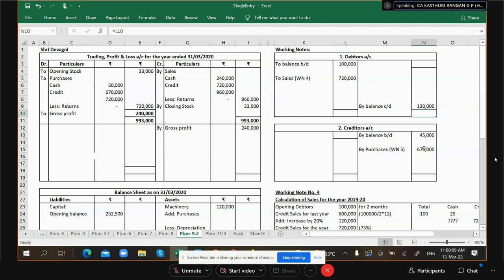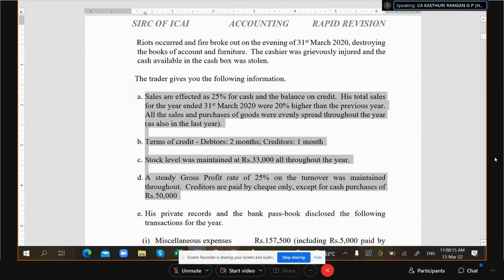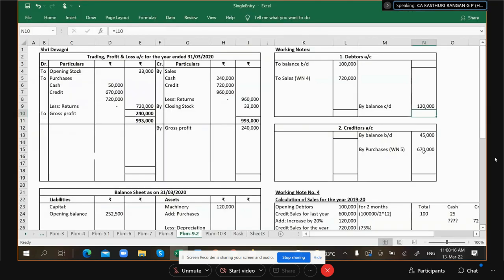Similarly, what will be the closing balance of creditors? See, the terms of credit for purchase is 1 month. So if the credit purchase for the year is 6,70,000, what will be the closing creditor? It will be 1 by 12 of 6,70,000. You will get 55,833.